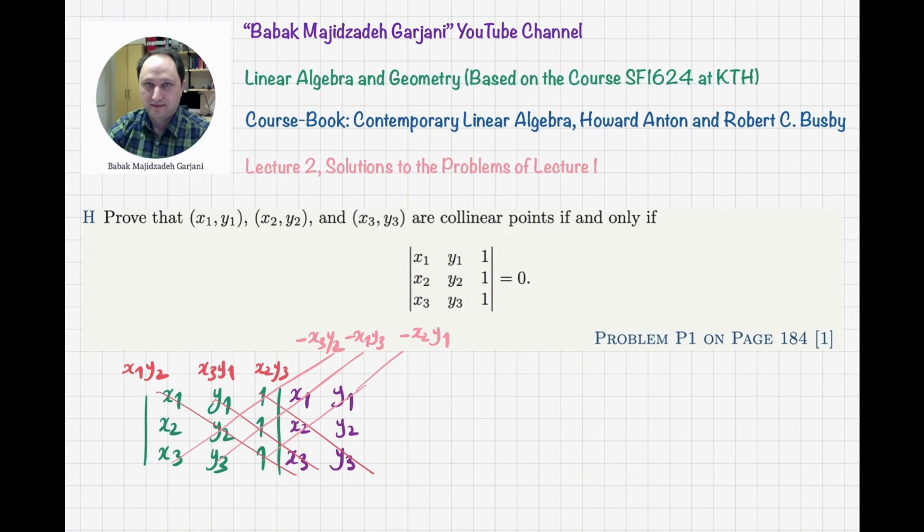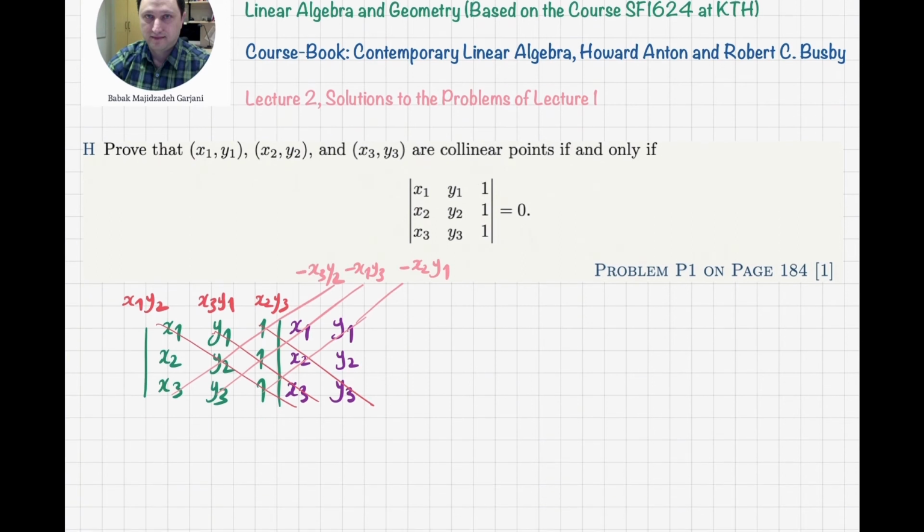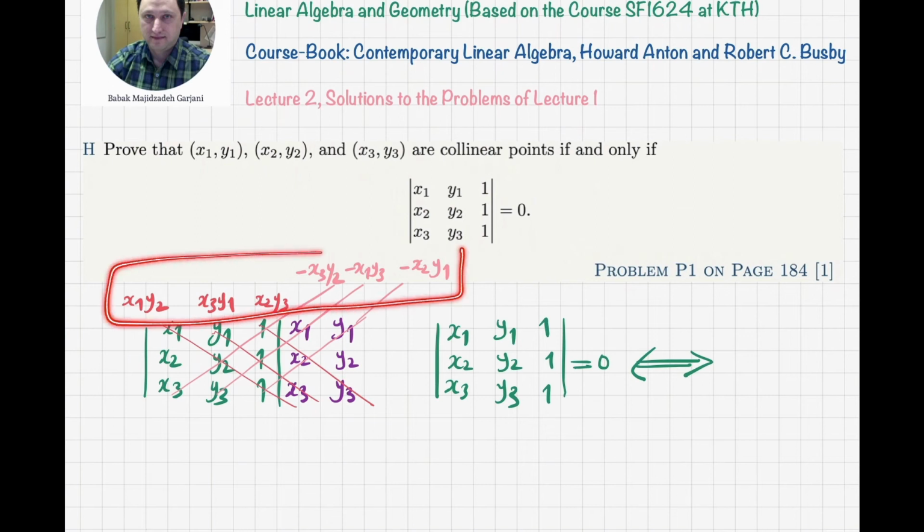Yes. So then what happens for my determinant? The determinant is equal to this. So I would write that the determinant of x1, x2, x3, y1, y2, y3, 1, 1, 1 equals 0 if and only if this sum becomes equal to 0.